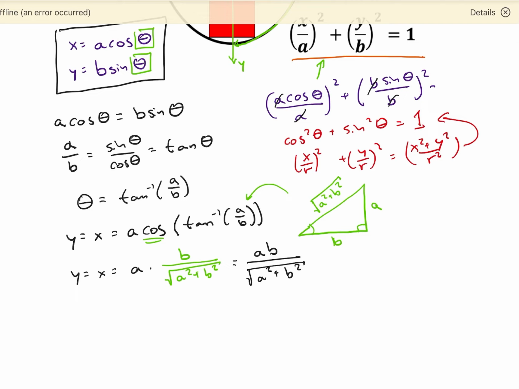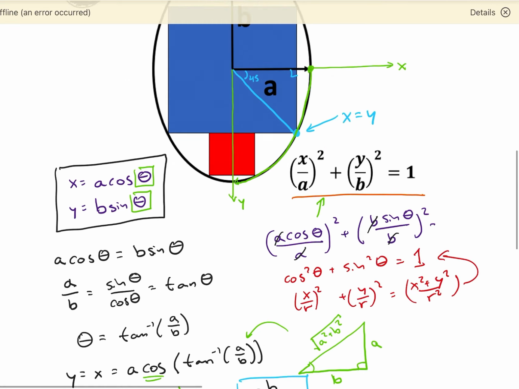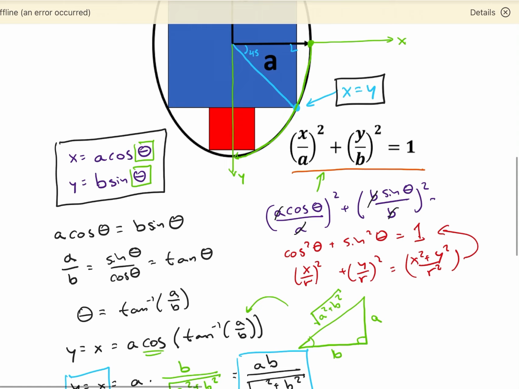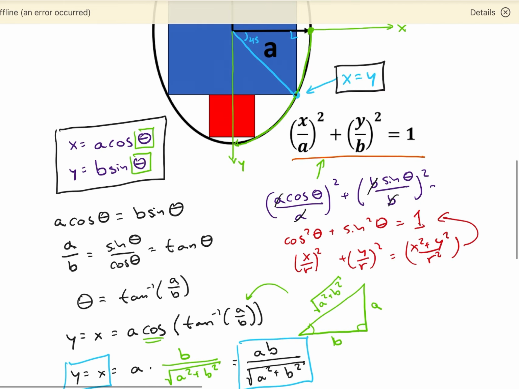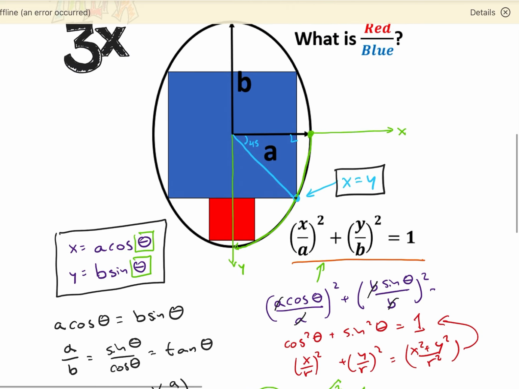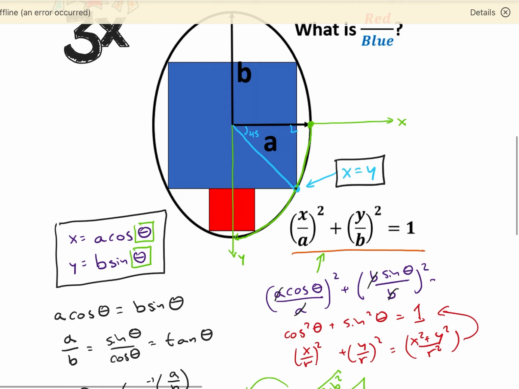All right, so this is a point that's pretty important. What we've just done is we've solved, and I now have an expression for the x and y coordinates of this point in terms of just a and b, which is what my problem is based on.